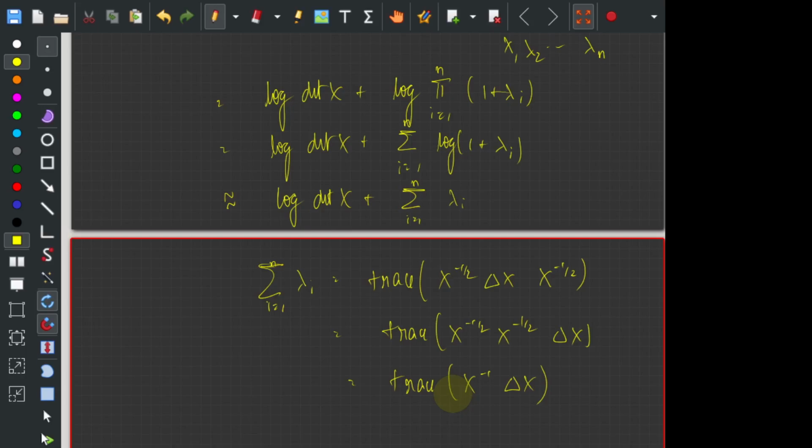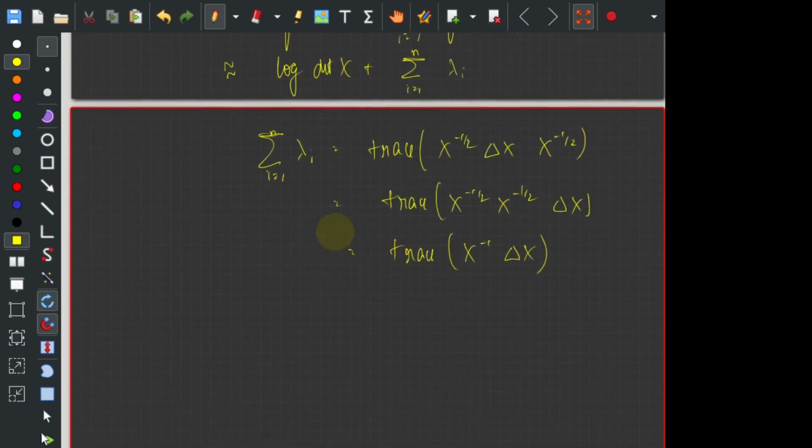Right? So for matrices, the inner product between two matrices A and B, you can write it as the trace of A times B. Right? So in that case, what would you say is the derivative?